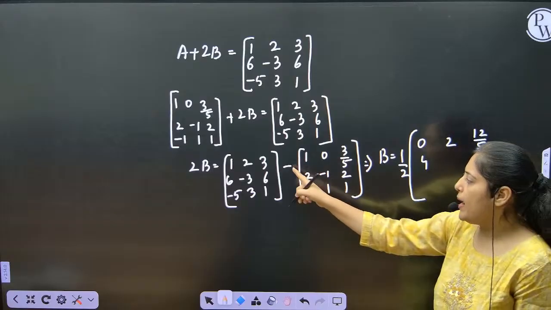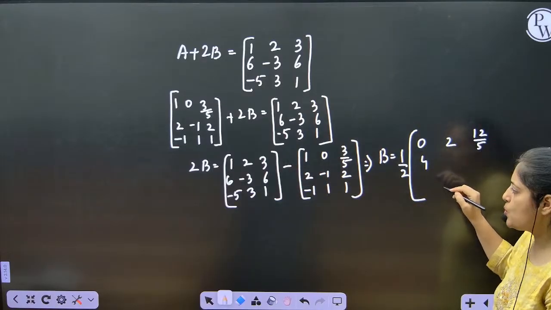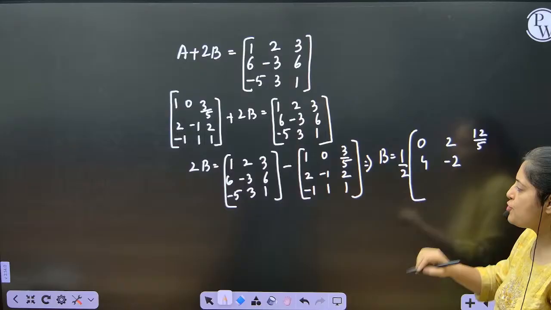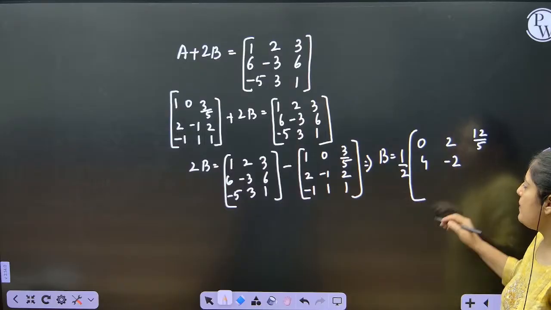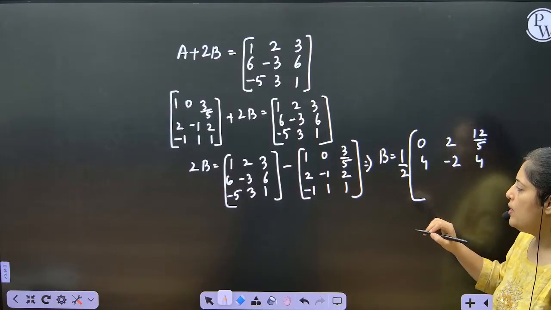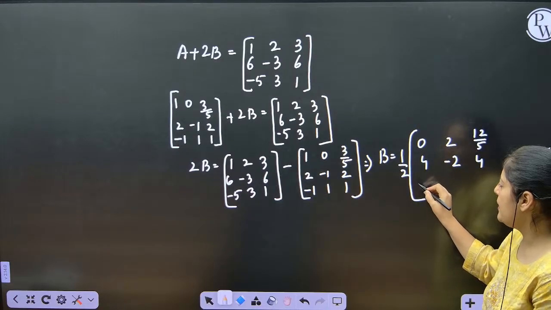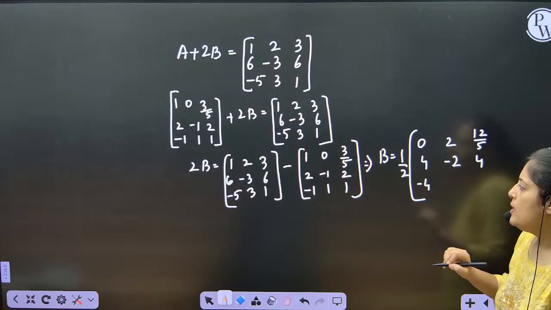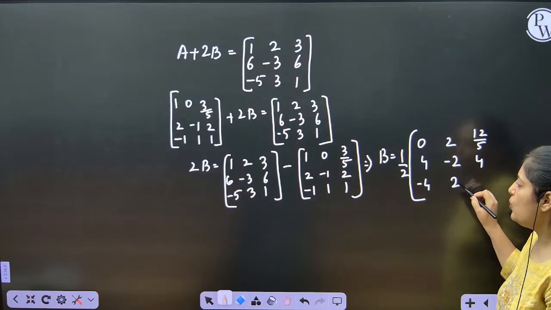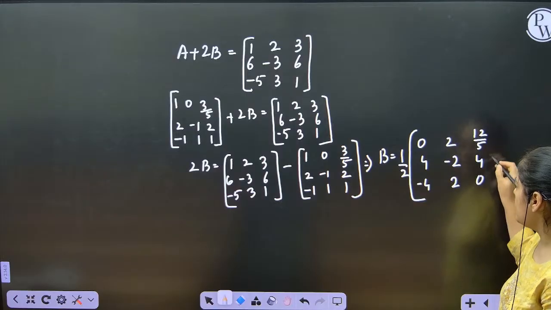Minus 3, minus of minus will become plus 1, so it will become minus 2. 6 minus 2 is 4. Minus minus will become again plus 1, so minus 4 it will come. 3 minus 1 is 2. 1 minus 1 is 0.